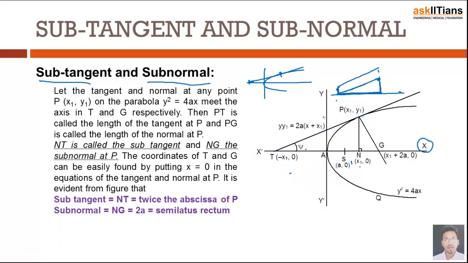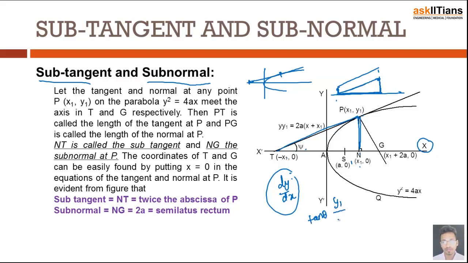Before coming to the subnormal, there is another way by which we can do this. The slope of this is known, in terms of dy by dx. We also know that this is y1, so we can apply tan theta.